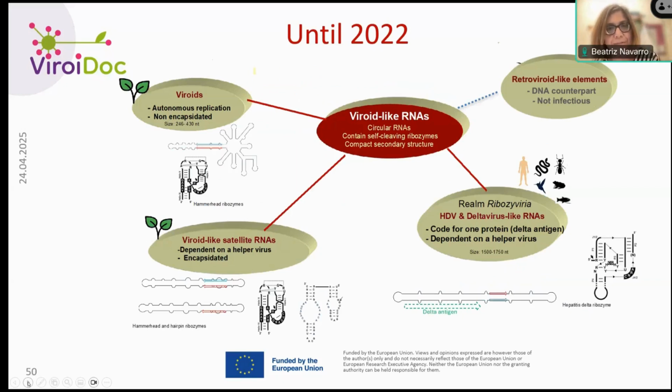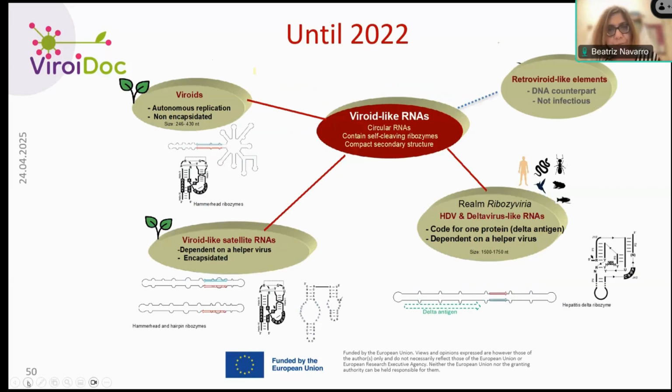Some features, such as the circularity of the RNAs and a compact fold containing ribozymes, are properties shared by other infectious RNA elements called viroid-like RNAs.